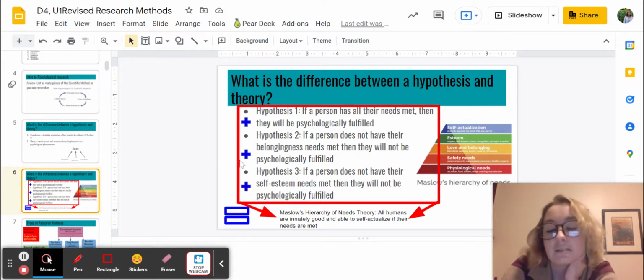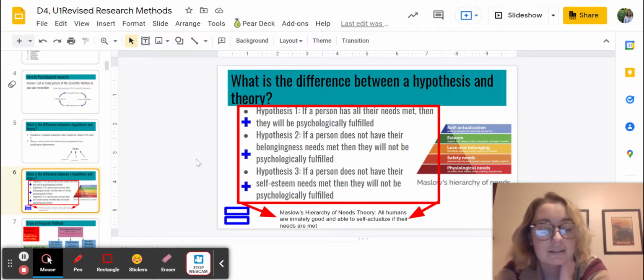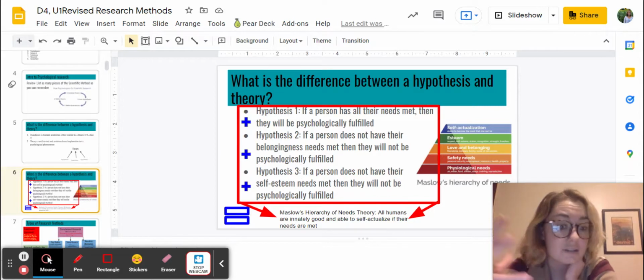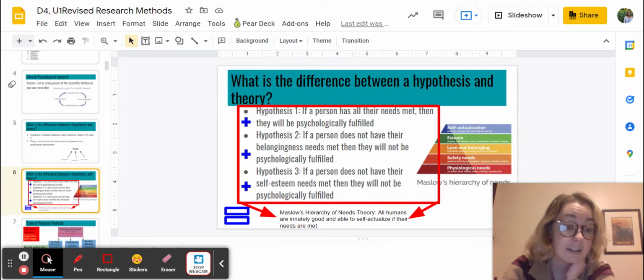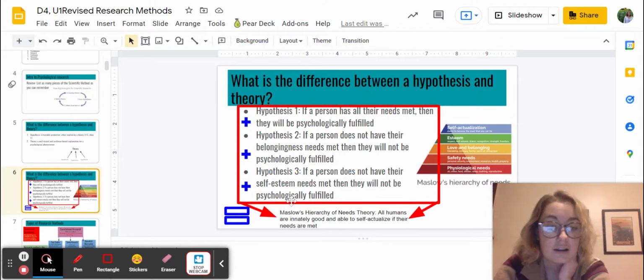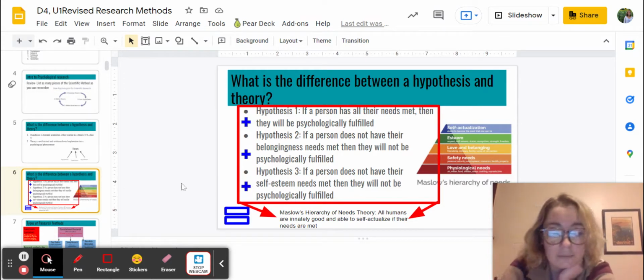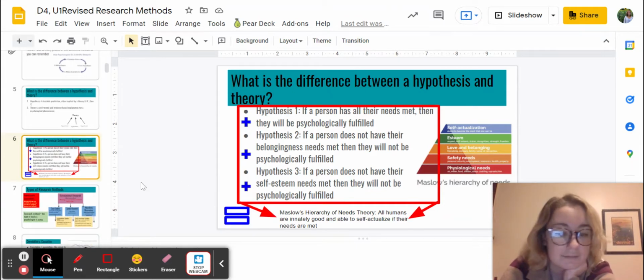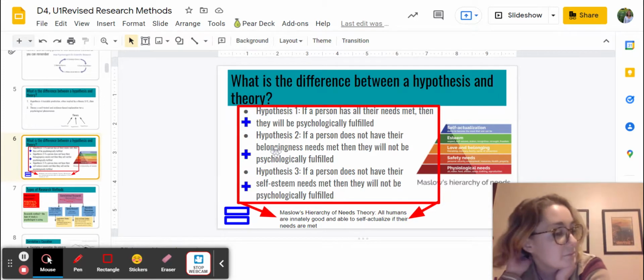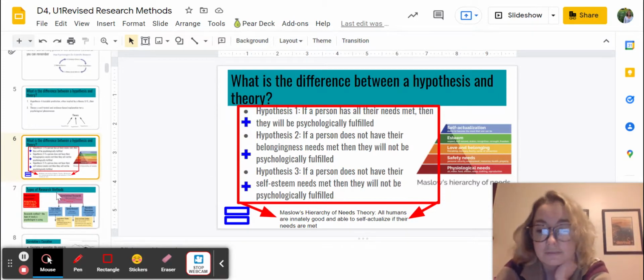Maybe Maslow tested all these hypotheses, conducted actual research, did the scientific method, found that these are true, put these all together, and formed that evidence-backed theory of his hierarchy of needs pyramid. So for a theory, you have to put all your testable, proven hypotheses in there.